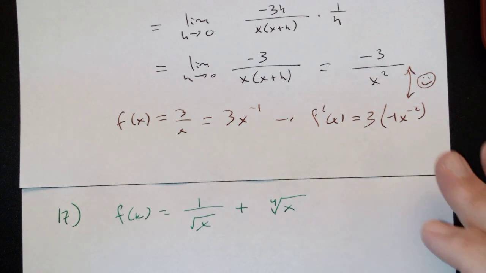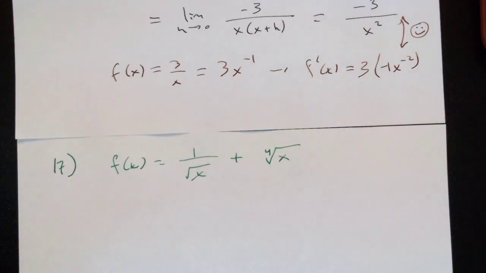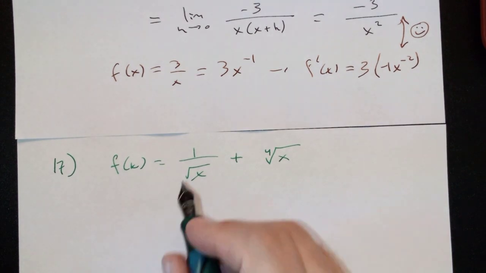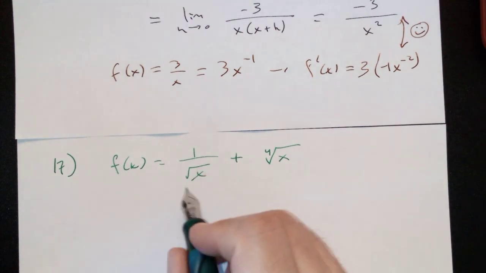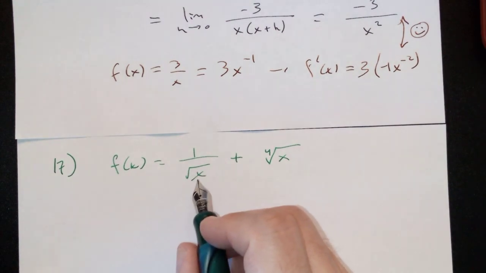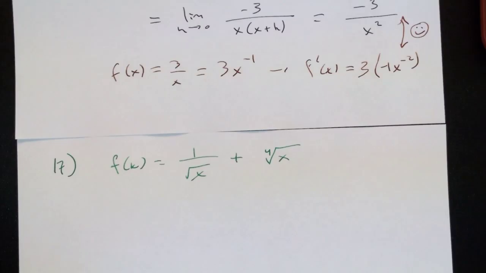As Chloe just said, when I've got stuff in the bottom, it comes out as negative powers, right? But I need to know what power of x a root is. What power of x is this square root? A root is a fractional power, and the denominator of the fraction is the order of the root.